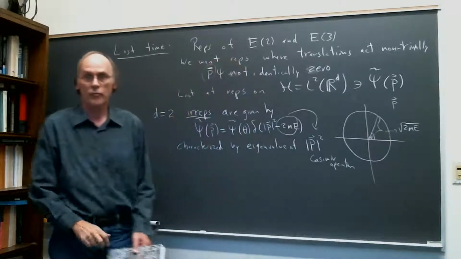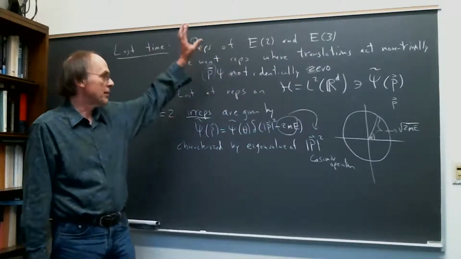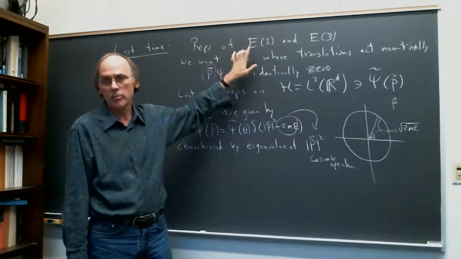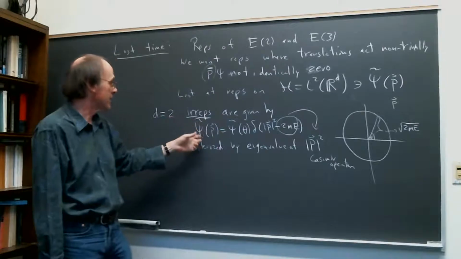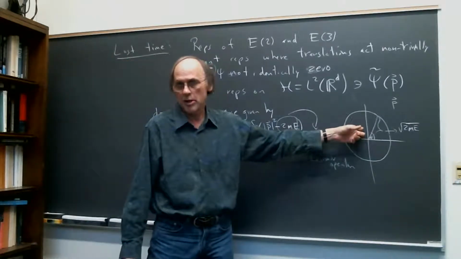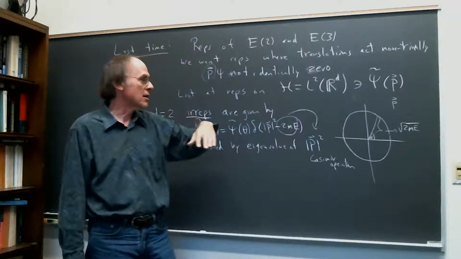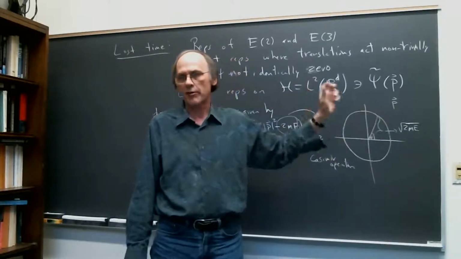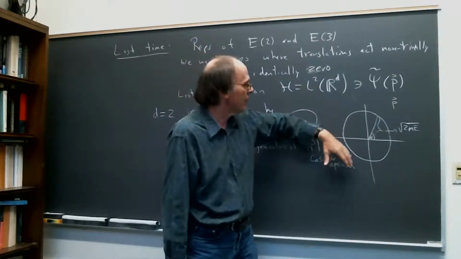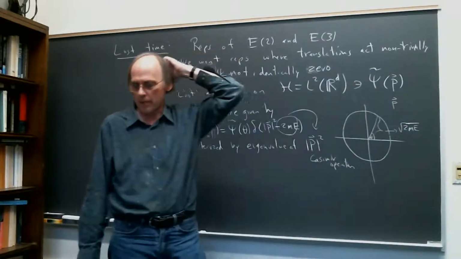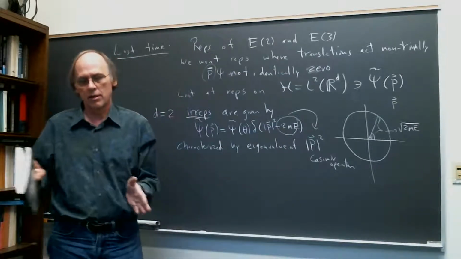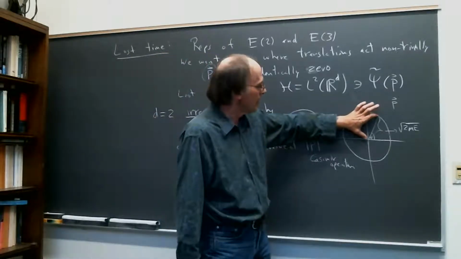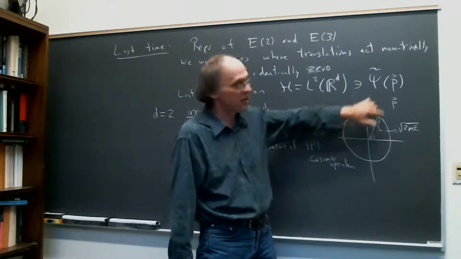Anyway, this is really pretty much completely the end of the story for the Euclidean group in 2 dimensions. The irreducible representations are these things you already know about. They're the momentum space representation for a free particle, and they break up into a continuous set. There's a continuous labeling of the irreducible representations just given by this radius here, which can go from 0 out to infinity.